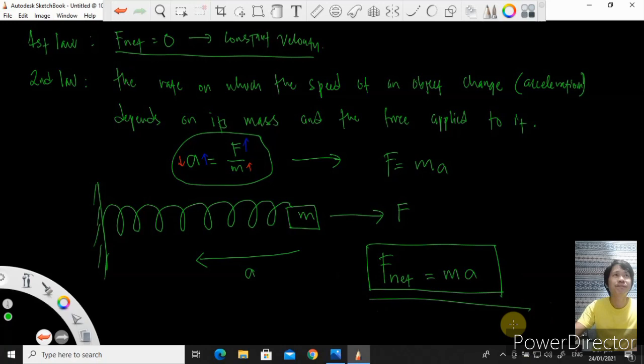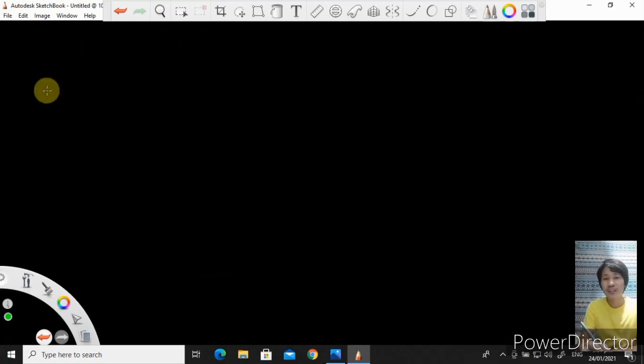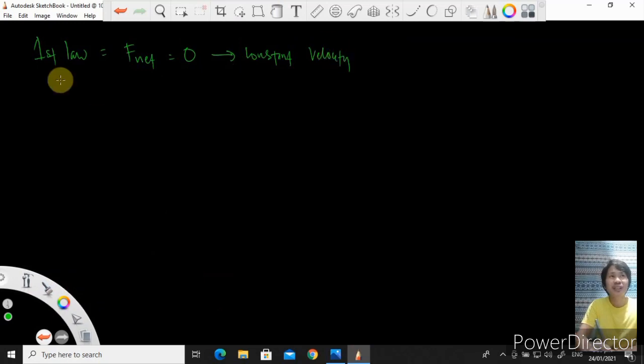Alright? So, tingnan natin yan. Related kasi yung first law sa second law eh. Tingnan mo. First law: F net is 0, object moves at a constant velocity. Pwede mong sabihin sa second law that when F net is non-zero, then object moves at a changing velocity.